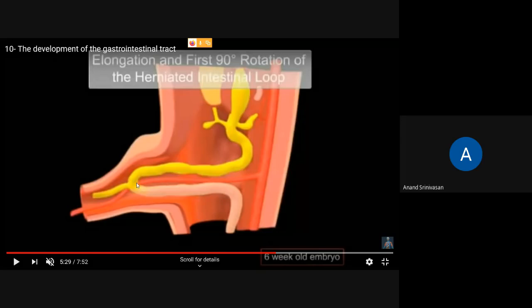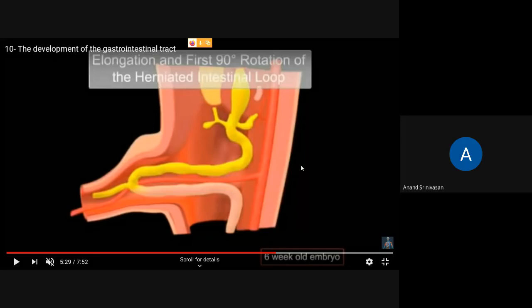Another name they give is pre-ileal and post-ileal. I will tell you later why it is named so. Here this will be the cranial limb and this will be the caudal limb.